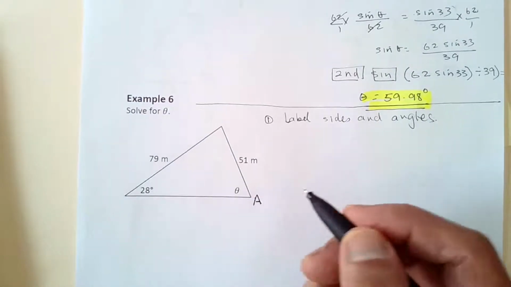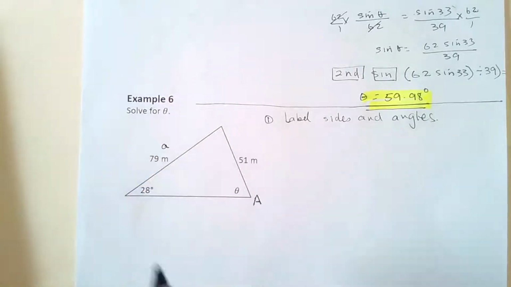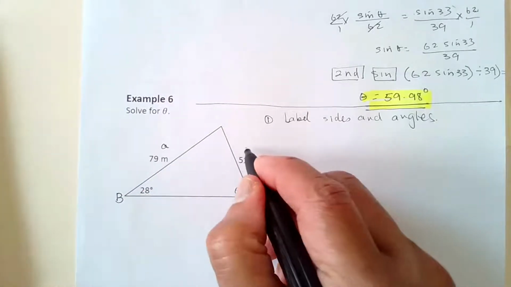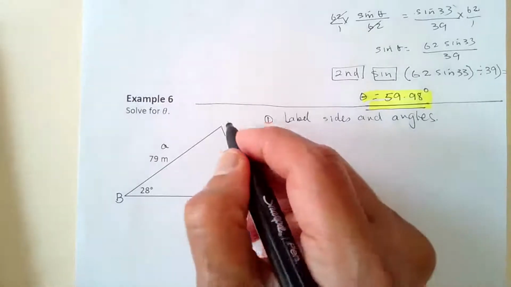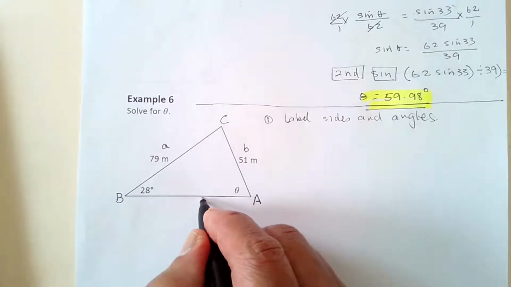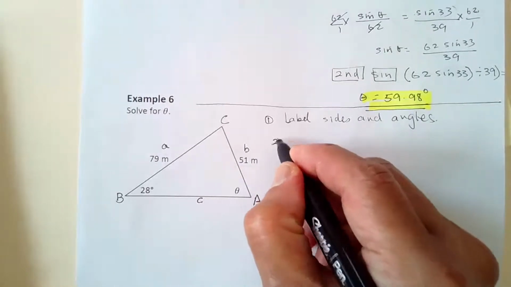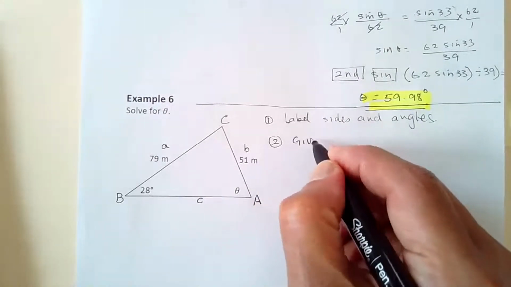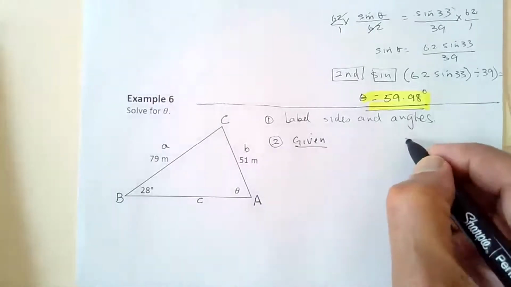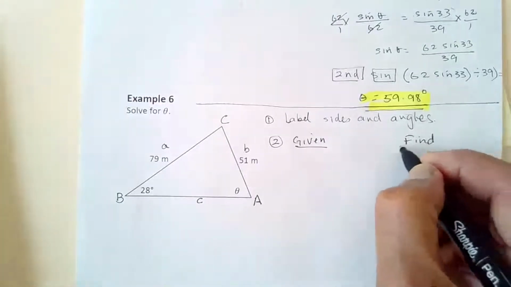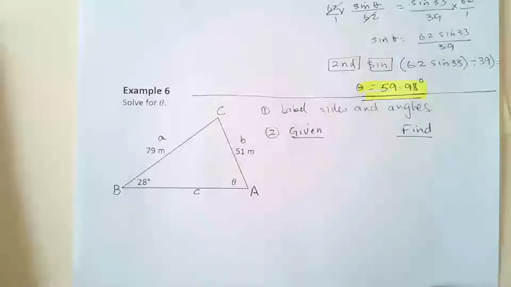So angle A, side A, angle B, side B. This side's angle C, side C. Record what's given. What needs to be what you're finding.